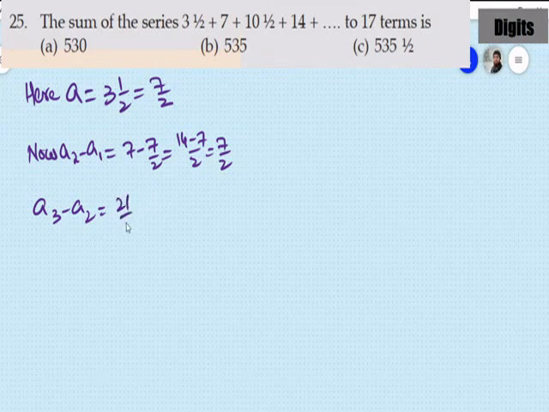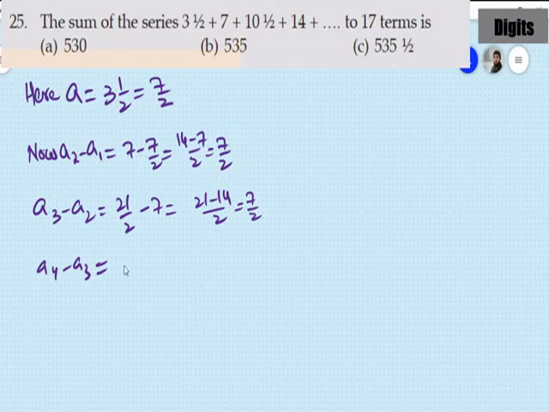This is 21 divided by 2, then minus 7. It is 21 minus 14 divided by 2, which is 7 divided by 2. Now we will check a4 minus a3. The term a4 is 14 and this is minus 21 divided by 2, which will again be 28 minus 21, that is 7 divided by 2.